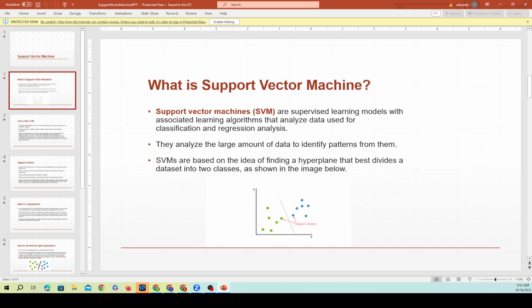The support vector machine is based on the idea of finding the hyperplane that best divides a data set into two classes, as shown in the image below. So if we have a bunch of data, our goal is to separate them, like divide them using a linear equation if you're talking about a two-dimensional space, or a plane if you're talking about a three-dimensional space.